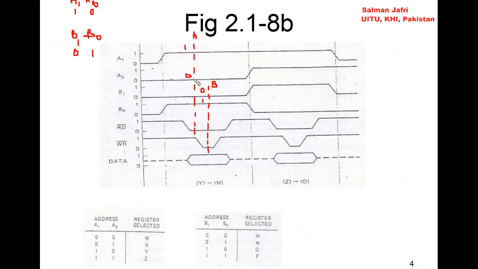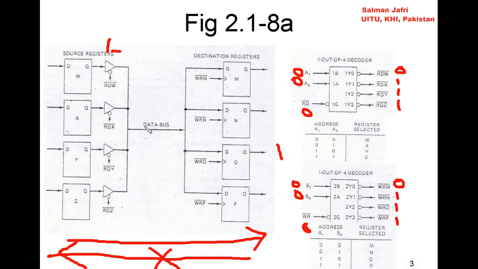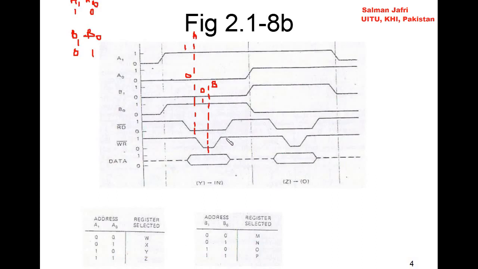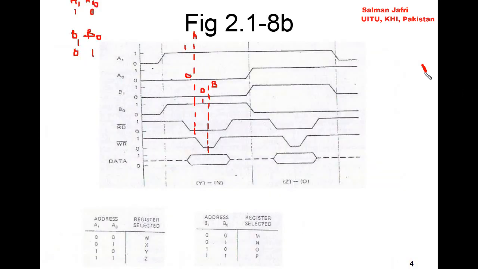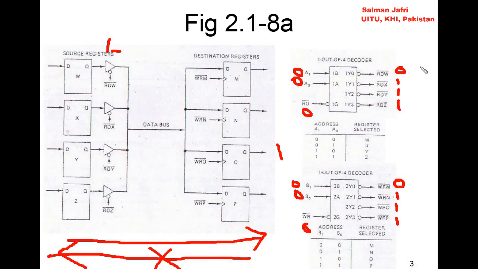So now we have this diagram and we can look at it as per the development of the previous figure. One thing we notice is that if RD bar is 1, what would be the output of the decoder? It would be all ones, right?